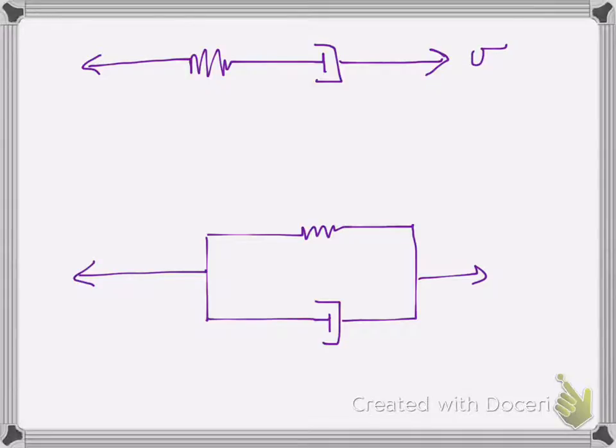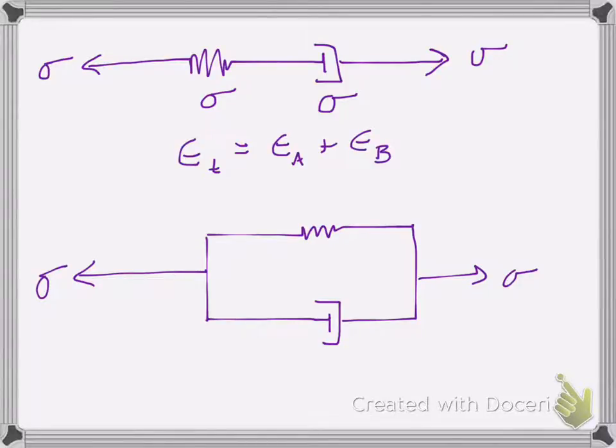So again, we're applying some stress at either end, which would be the same force at either end. And in this case, every element experiences that same stress. The net strain adds. So the total strain is equal to the strain of element A plus the strain of element B.